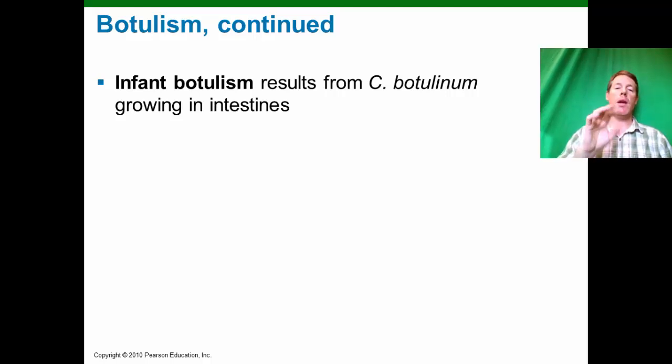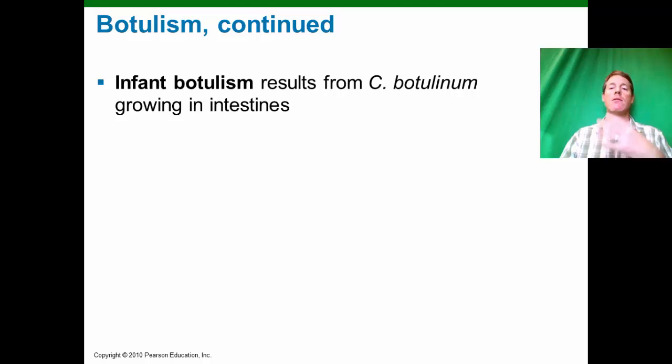If babies have their normal full complement of normal microbiota, including E. coli and many others, those bacteria dominate and they prevent infections by things like Clostridium. But a baby that does not have a fully complete normal microbiota may be susceptible to Clostridium botulinum actually growing in their gut and then producing the botulism toxin inside their body.